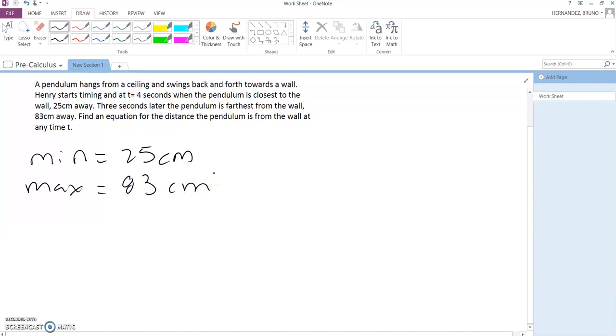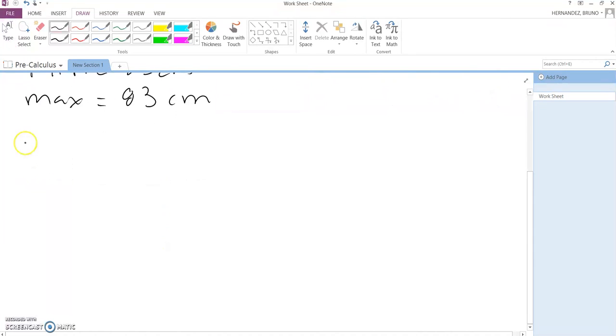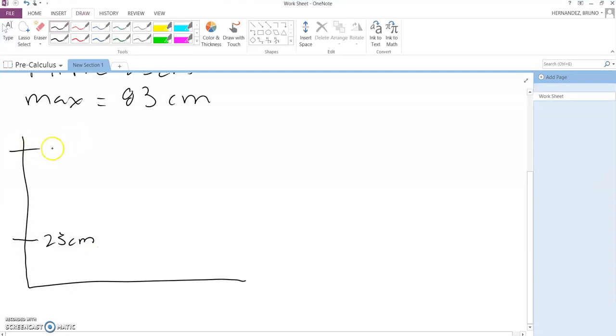So now, find the equation for the distance the pendulum is from the wall at any time t. So first, we have to write down the equation. When doing so, we can make a graph. We know that our minimum is 25 centimeters and our max is 83 centimeters.